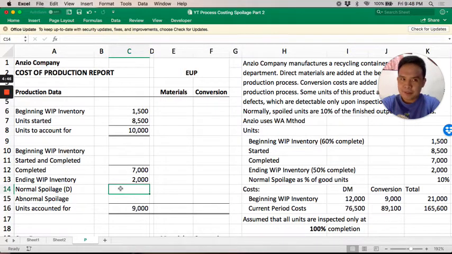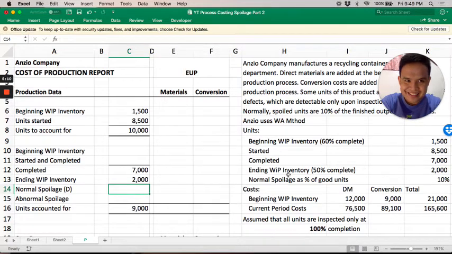Yung normal portion ng 1,000 is up to 10% of good units. So, if the inspection is at 100% completion, it's the simplest in that ang meaning ng good units is only those that are completed.